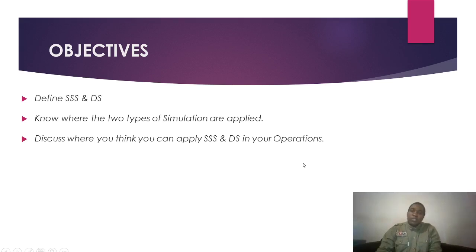I'm going to define the two types of simulations and their differences, show you where these types are best applied, and we're going to discuss where you think these two types of simulations are essential in your operations.